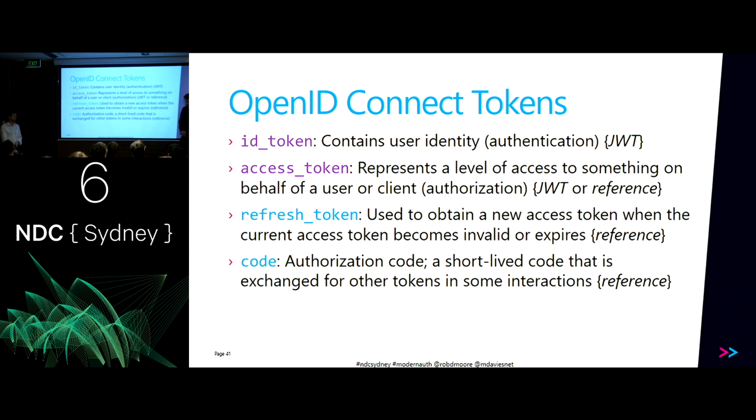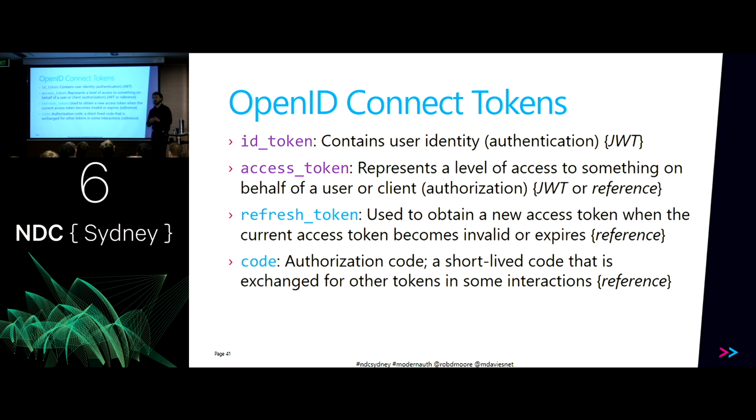So these are the four main tokens that you get out of OpenID Connect. You get an ID token. This is just the user's identity, fairly self-explanatory. This is the JWT we were talking about before. We've got an access token. An access token is just a representation of the fact that you've got permission to access something on behalf of a user. Also a JWT.